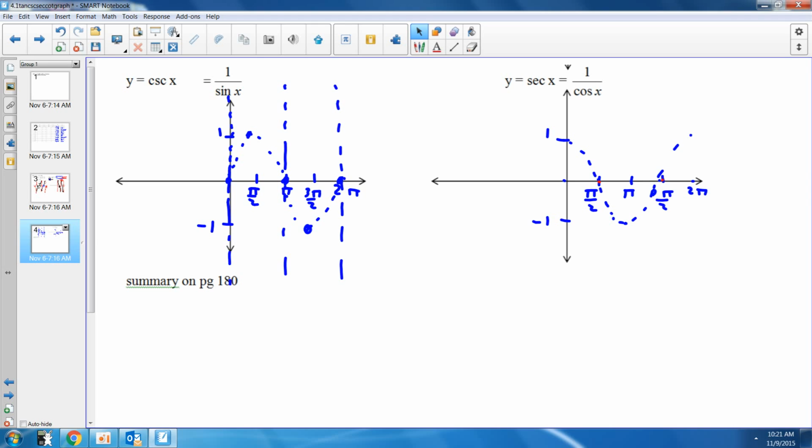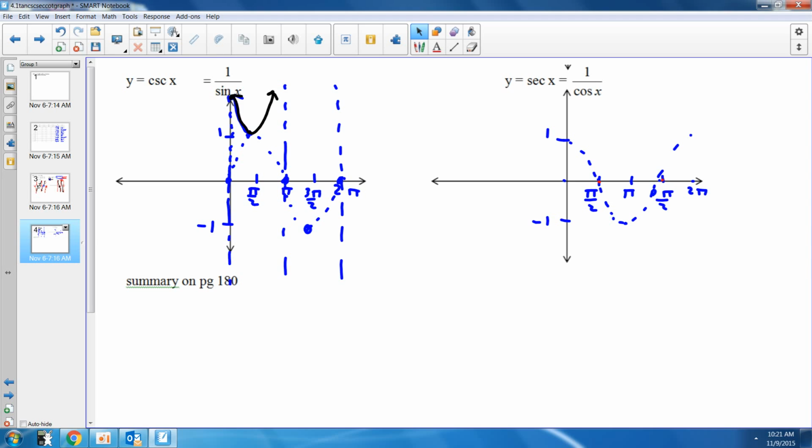Now, same concept as before. As the sine x goes to 0, this is going to go up toward positive infinity. Meaning, as this goes to 0, the real graph is going to go toward positive infinity. And so you're going to see that it's going to go up like this, and that's going to go up like that.